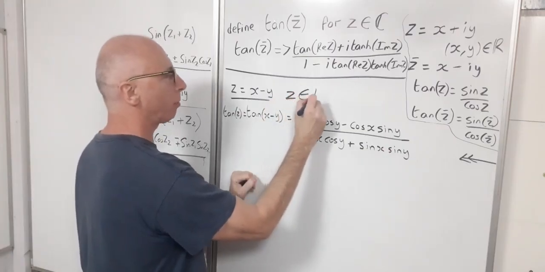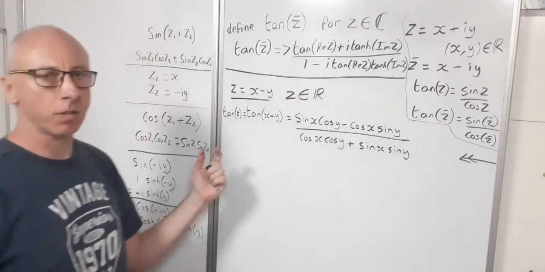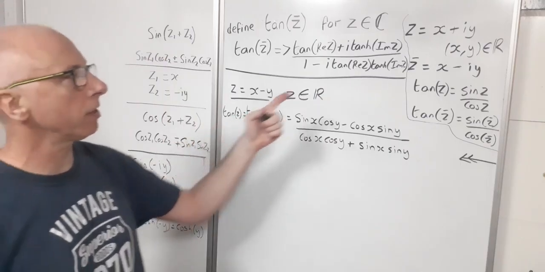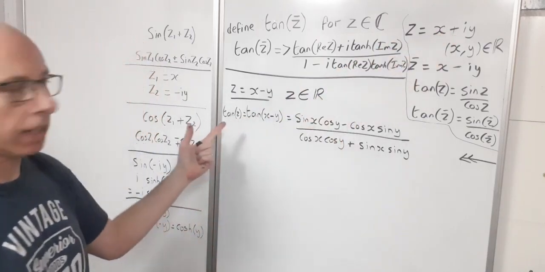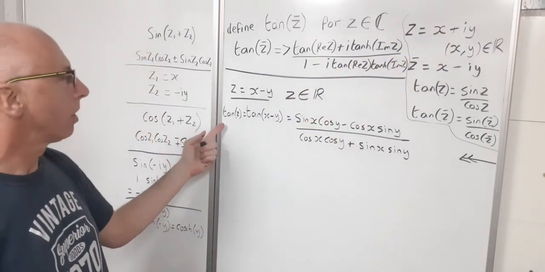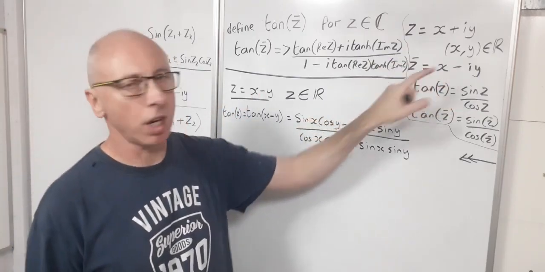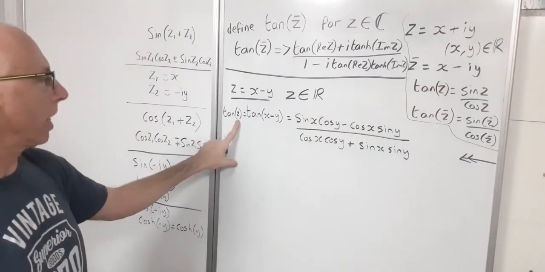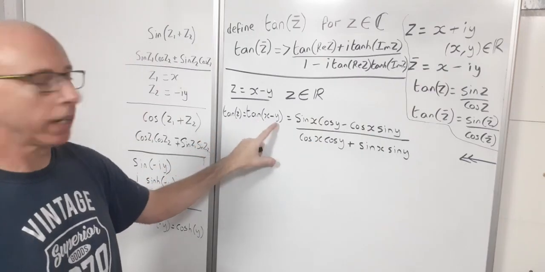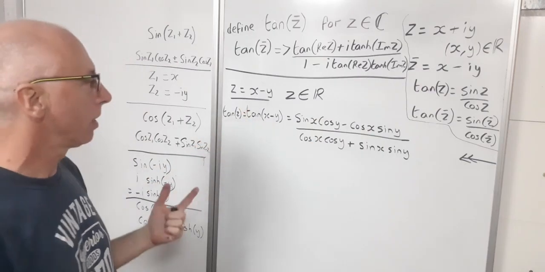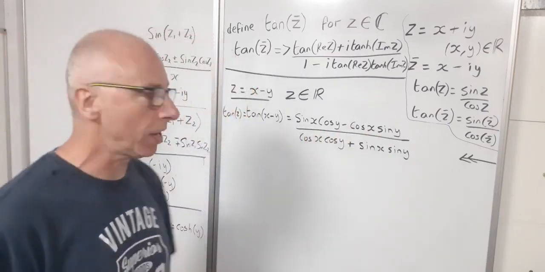We've got to go back to real analysis, so z is a real number this time. Notice the i's are not invited into real analysis this time. So I've redefined my z equals x minus y as we did here for our conjugate. So tangent of z is tangent of x minus y, as z equals x minus y. So I've rewritten where we got to on that stage.